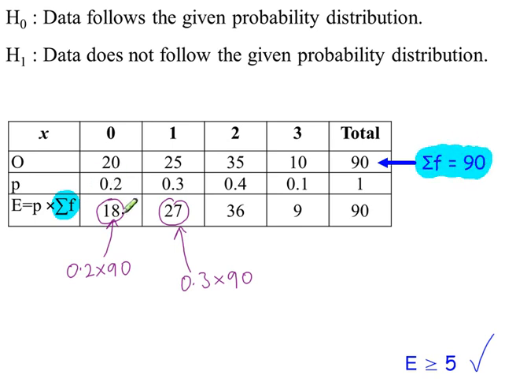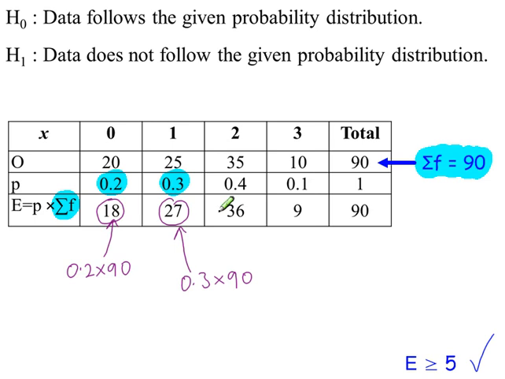So the first one, 0.2, that's p, times the total frequency, 90, is 18. The next one, p, which is 0.3, times 90, the total frequency, gives an expected frequency of 27, and so on.